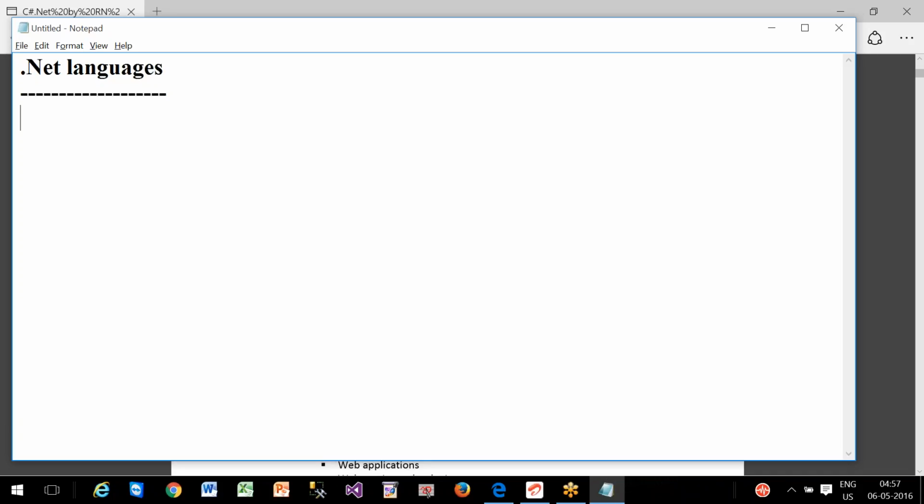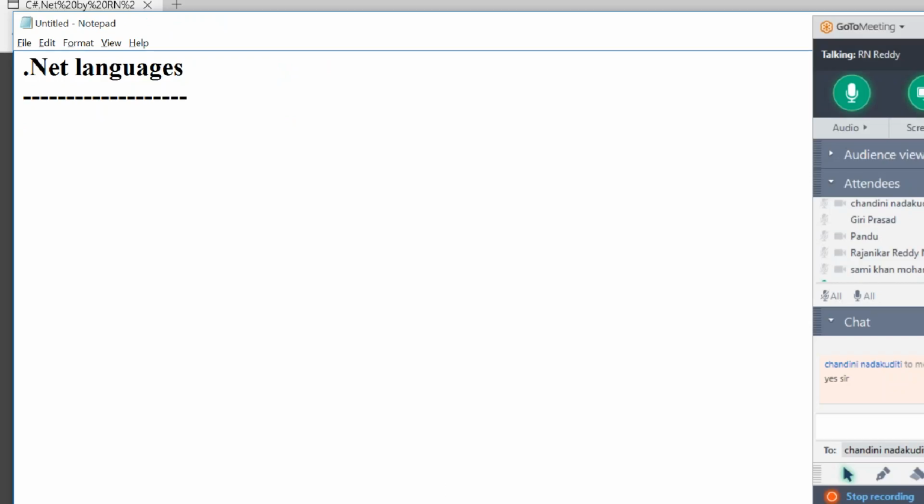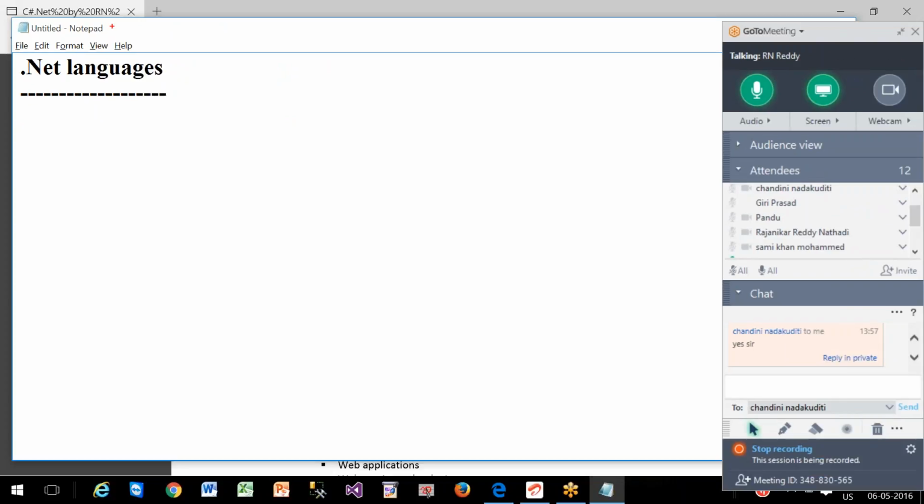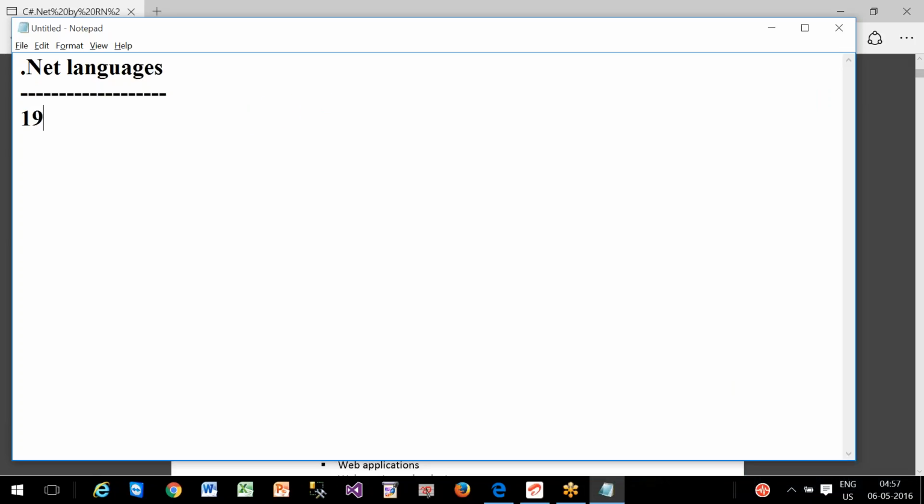Here you may have a doubt: why, sir, did Microsoft give this feature? The reason is this. In the period of 1998, they started talking about .NET and gave an announcement.